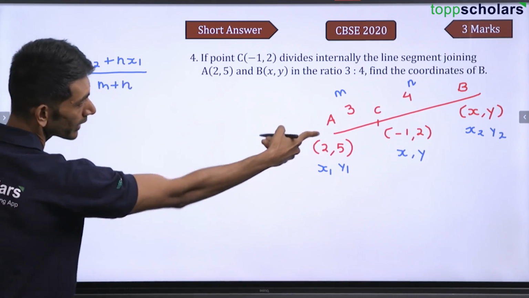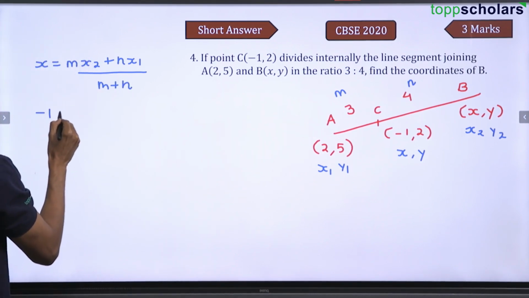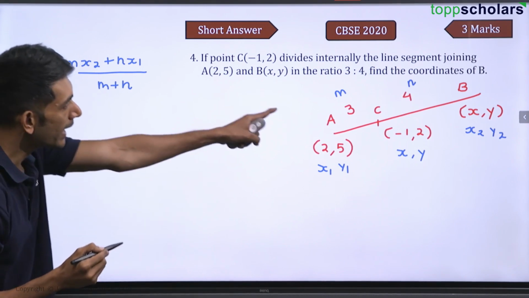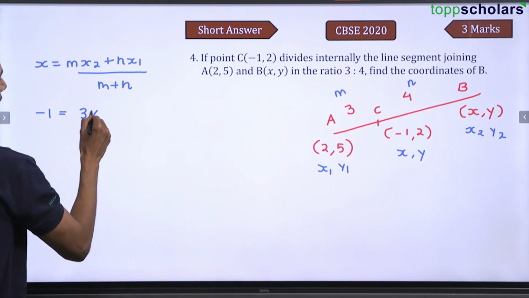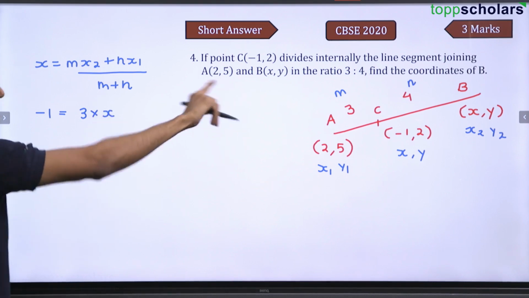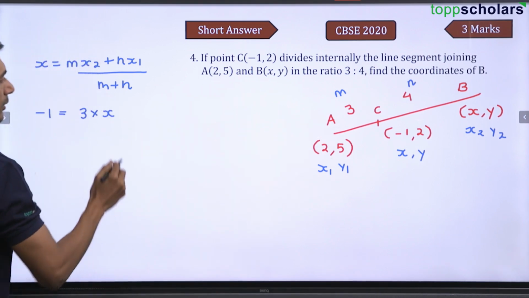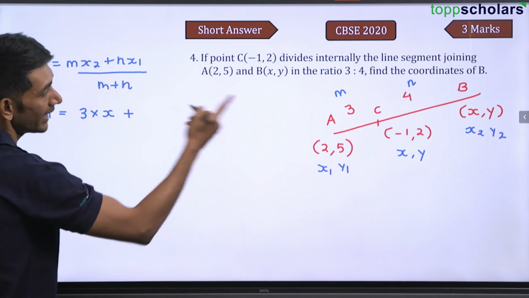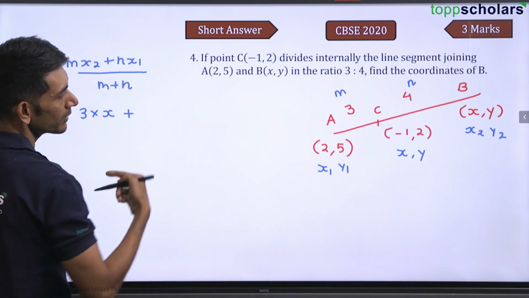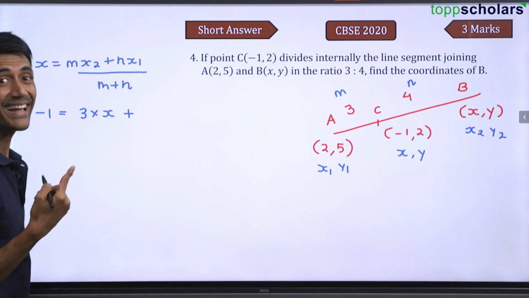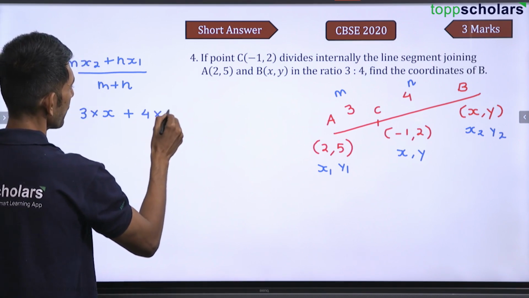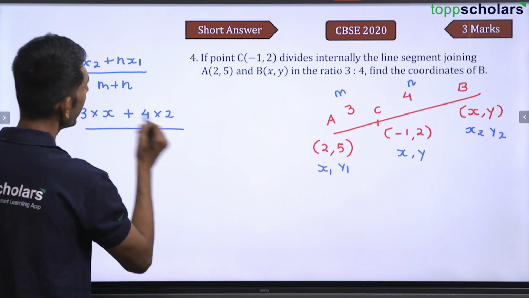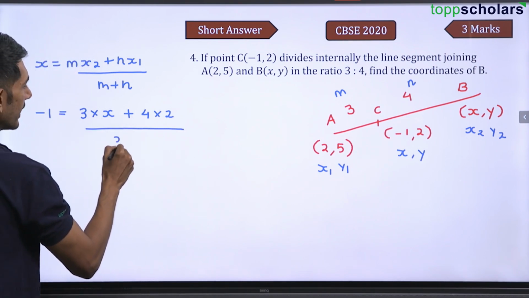So x is what? x is -1. So -1 is equal to m into x2, that is 3 into x, right? Because x2 is x, 3 into x, plus n into x1, that is 4 into 2, by m plus n, that is 3 plus 4.